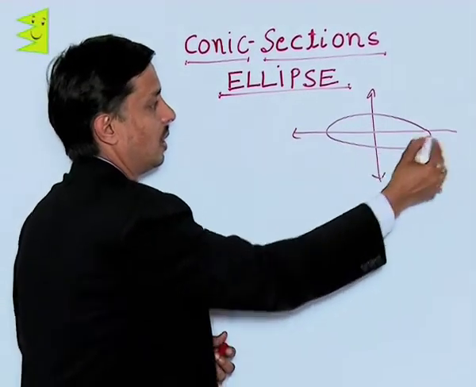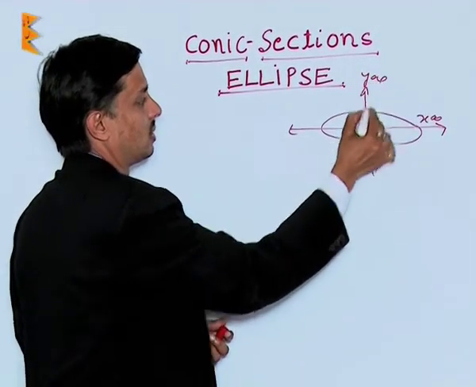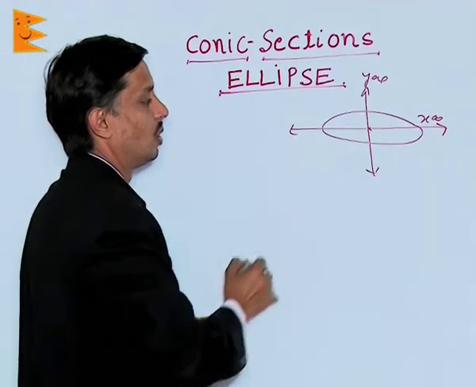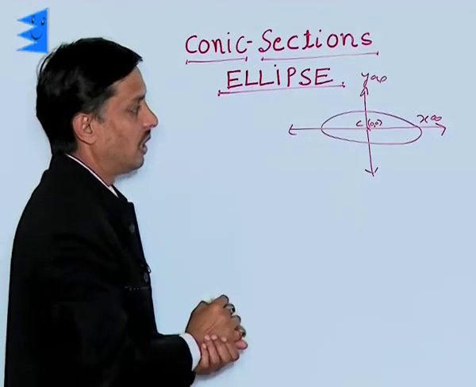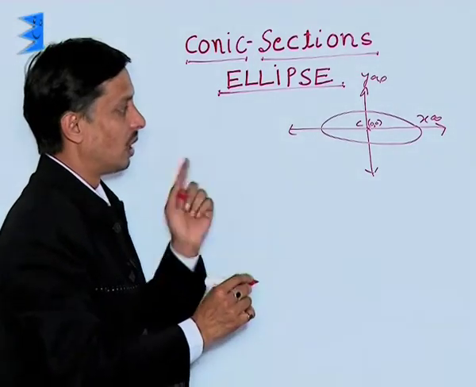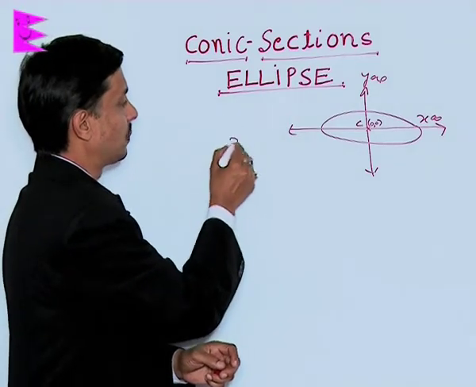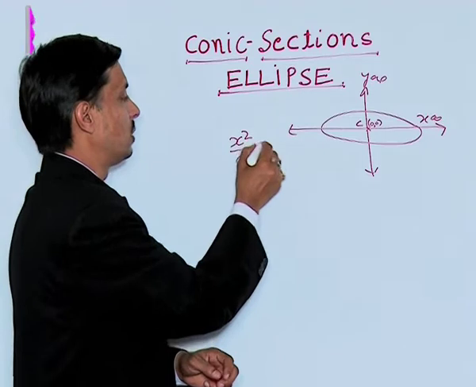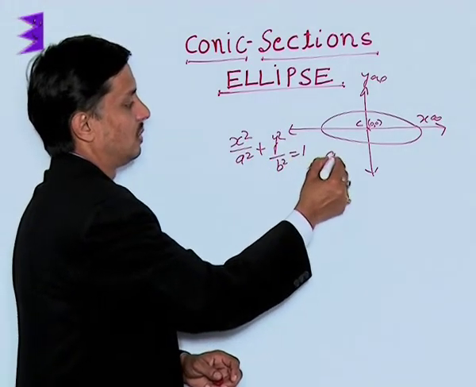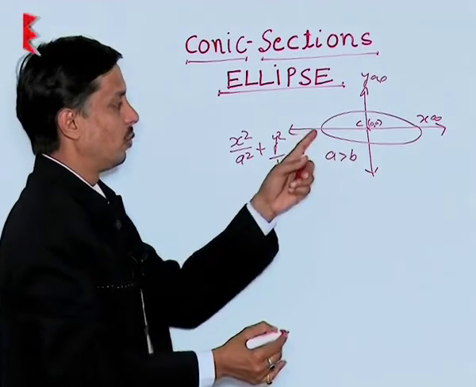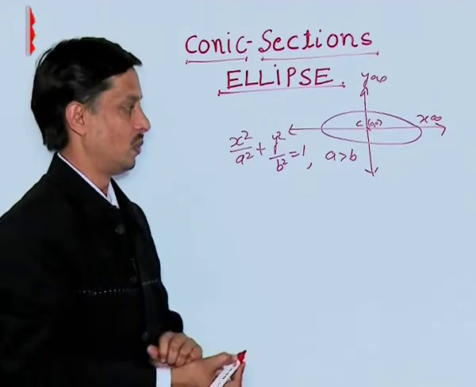This is the x-axis, this one is the y-axis, and this is known as the center, with coordinates 0, 0, as it coincides with our origin. So the equation of the ellipse is the same in both situations, but the only way to recognize it is that if a is greater than b, we take it as type 1, and if b is greater than a, we make it type 2.